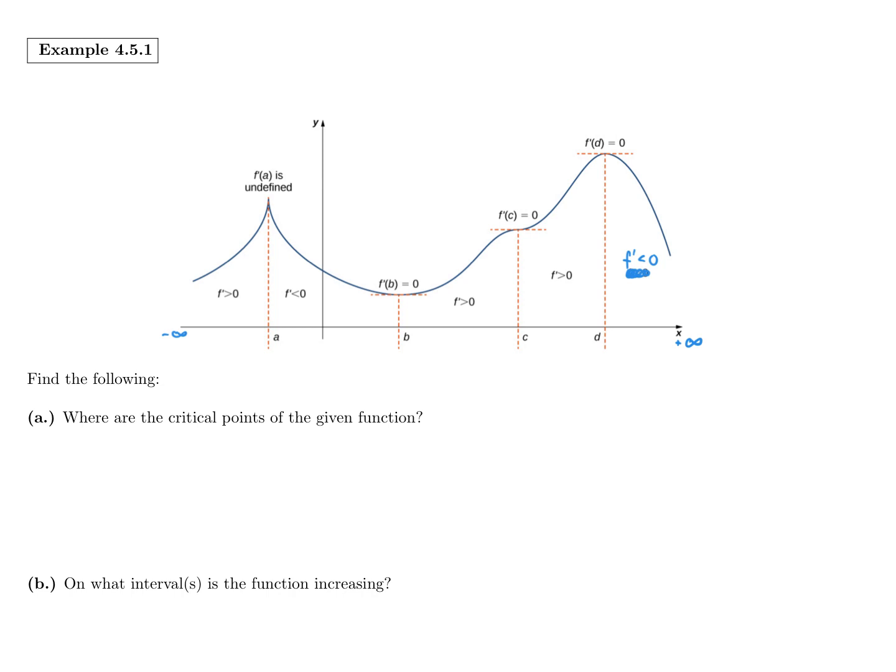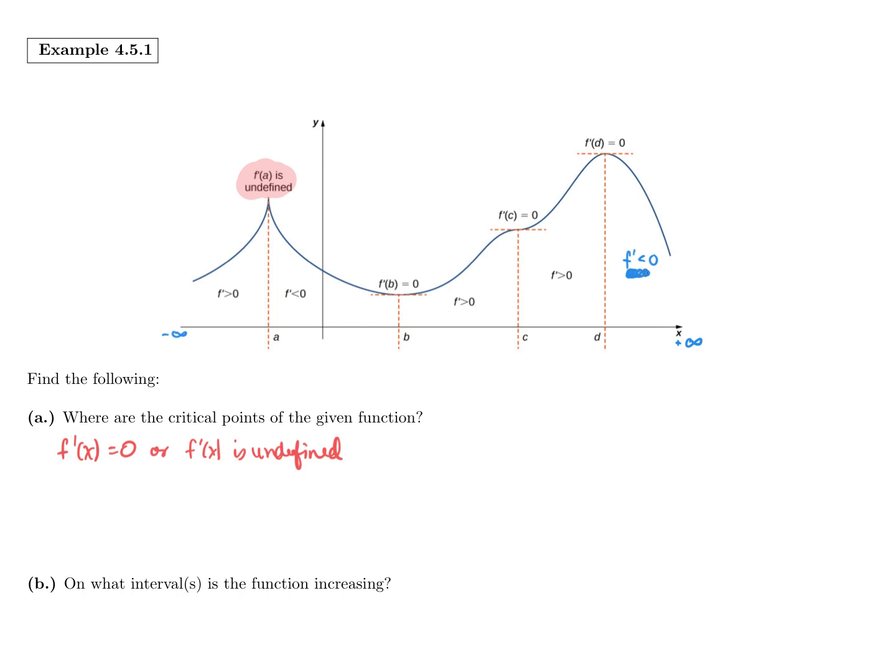Let's see if we can determine where our function has critical points. That's question A. Where are the critical points? Remember, this is where f prime of x is equal to 0 or f prime of x is undefined. So let's see if we can figure it out. We have f prime of a undefined, and look at what that one looks like.